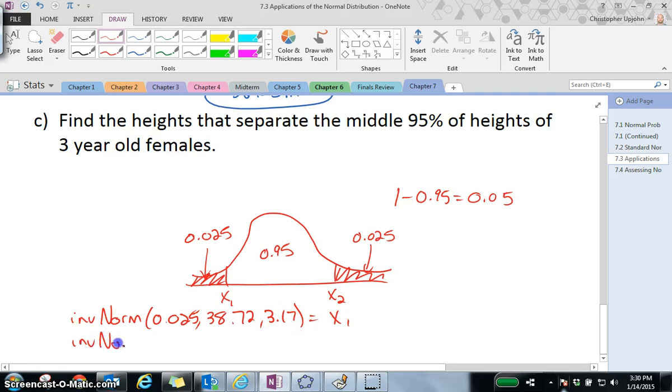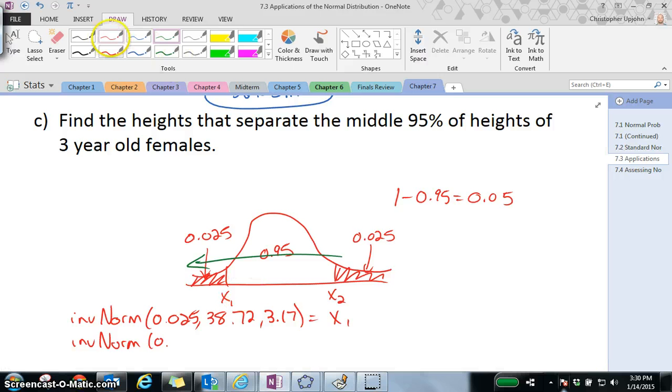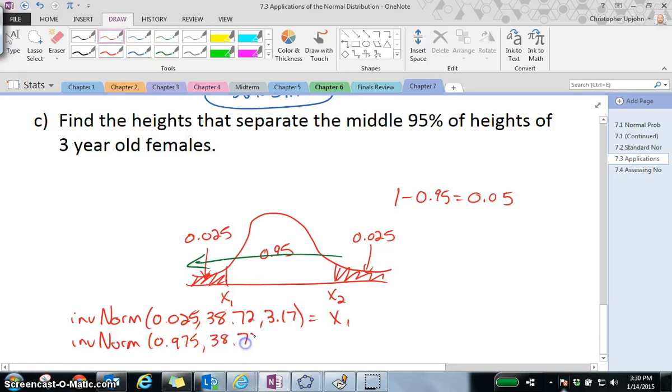We do this again for our second X value. And now, again, we want area to the left. The area to the left of this value is 0.95 and 0.025 add up to 0.975. Same mean, same standard deviation, and that'll give us our x2.